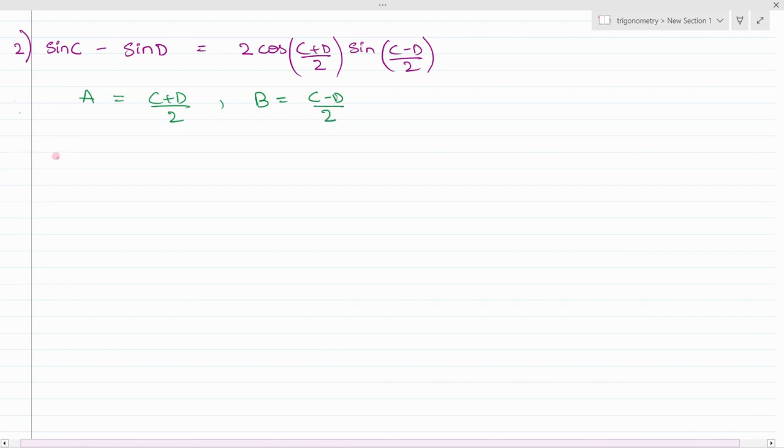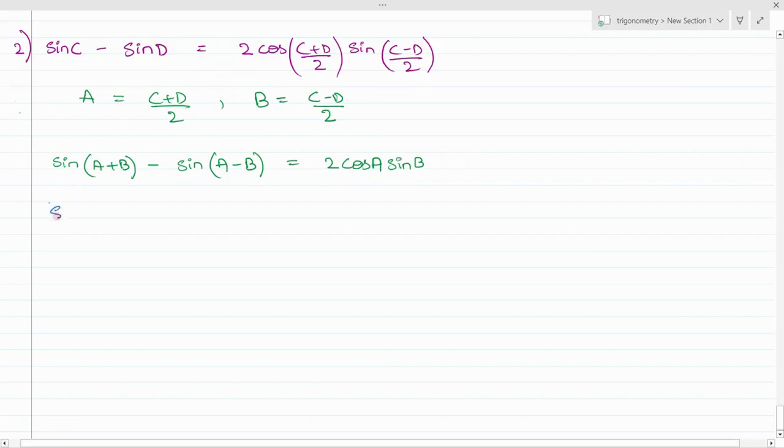According to the formula, sin A plus B minus sin A minus B is nothing but 2 cos A sin B. So in this whole formula, use the values of A and B.